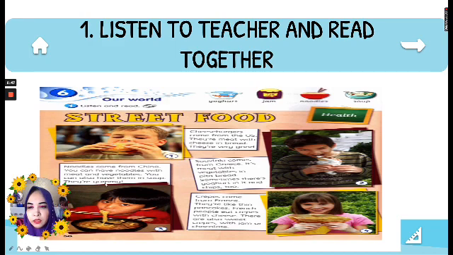They are yummy, sedap. And the last one, number 4, crepes. Crepes come from France.